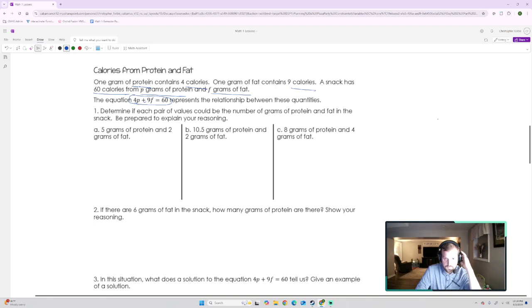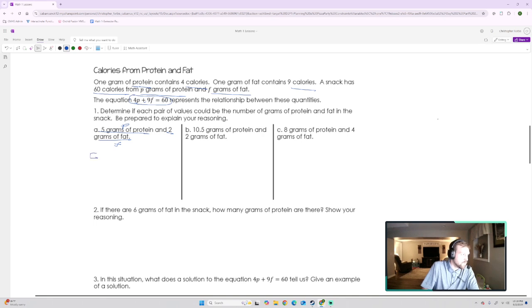So, determine if each pair value could be the number of grams of protein and fat in the snack. Be prepared to explain your reasoning. So we've done a number of these problems already. What if I had 5 grams of protein, which we're going to call P, and 2 grams of fat, which we're going to call F? Does that make us have a 60 calorie snack? Does that work? Is that a solution to this equation? Well, let's try it.